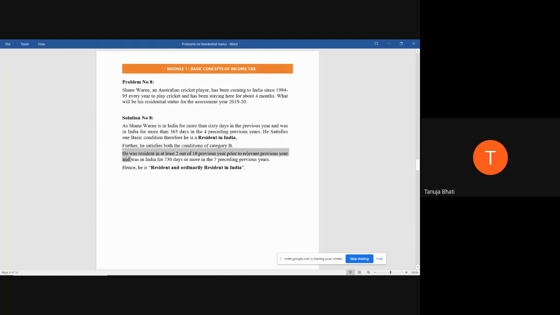So he's satisfying the first additional condition, and let us see whether he's satisfying the condition of 730 days or more in the 7 preceding previous years. For 1 year he is staying 122 days. Then for 7 years, when you multiply 122 into 7, it is 854 days, which is more than 730 days. So he's also satisfying the second additional condition. So when he's satisfying both the additional conditions, he becomes what? Resident and ordinarily resident in India. Now, have you all understood the 8th problem?